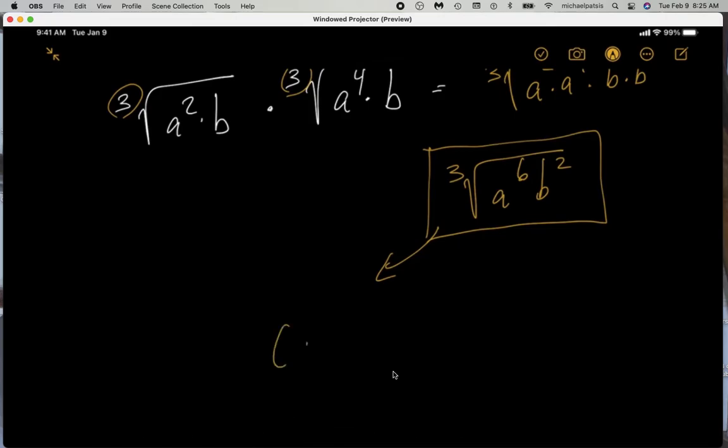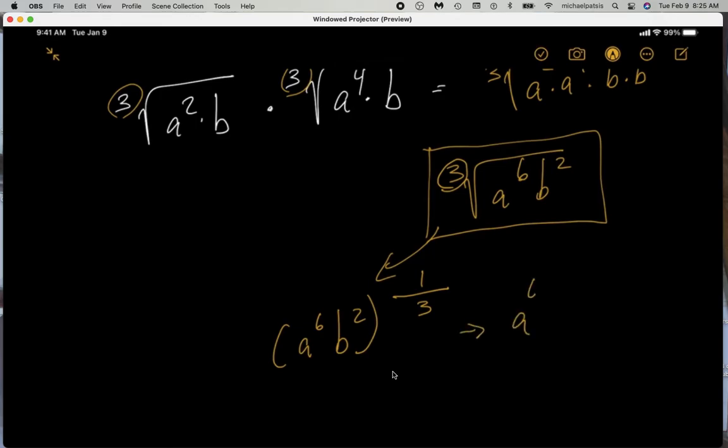Okay, so here's what's inside, a to the sixth b squared. Here's our root. The root goes underground. This whole thing is raised to the first power, so that becomes 1/3. Now you use your power rule.